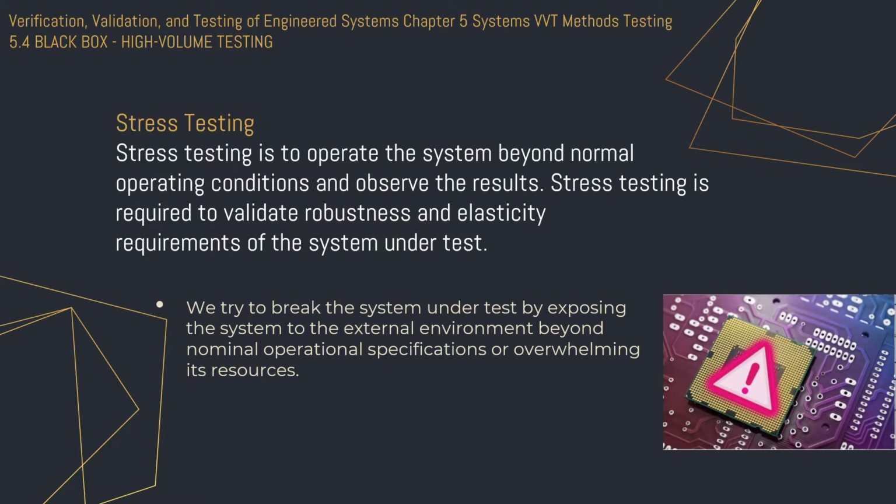Stress testing in high volume testing, black box, is to operate the system beyond its capabilities. For example, if a system is rated to work at a certain amount, we go beyond that. We stress the system as much as possible to see how it performs and its breaking points.